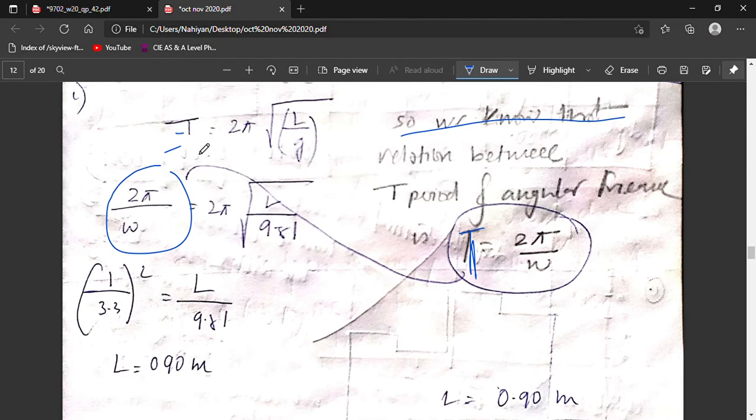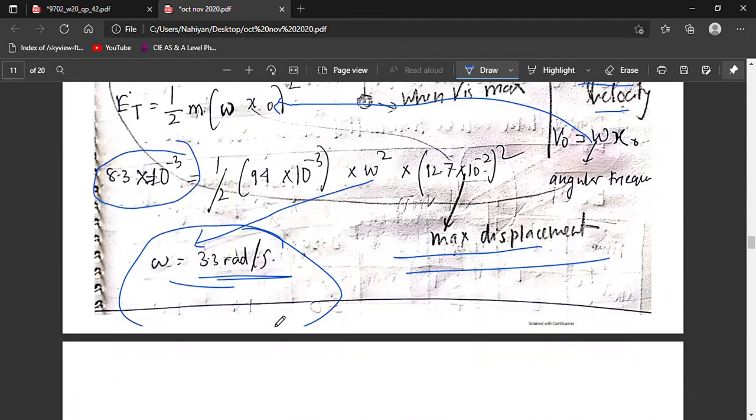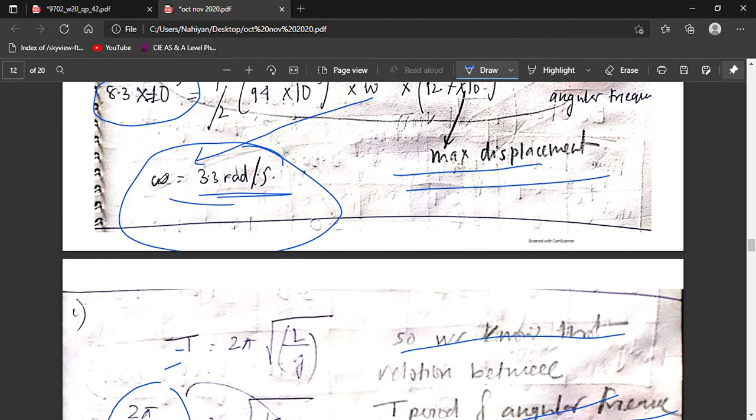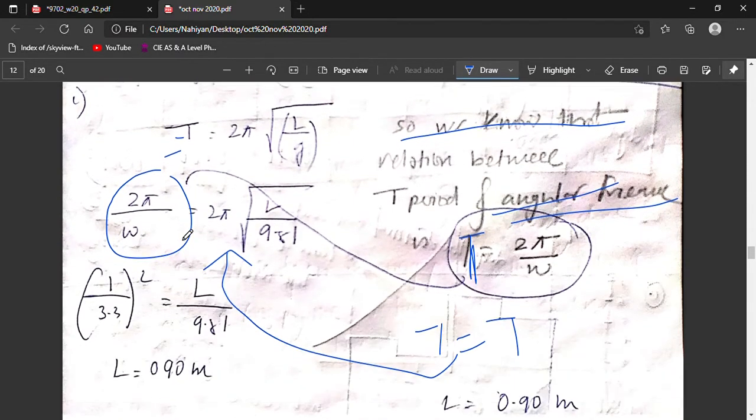So this is what we do. We do T equals to T. This is the linear one from the pendulum, and this T comes from the angular frequency, which you will get in the centripetal motion chapter. So we did T equals to T, and we found out the angular frequency.